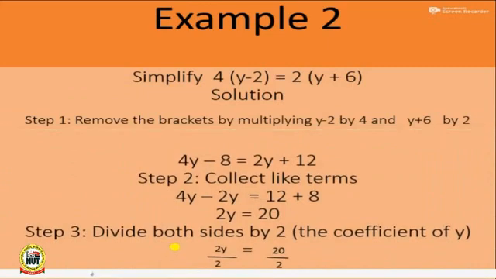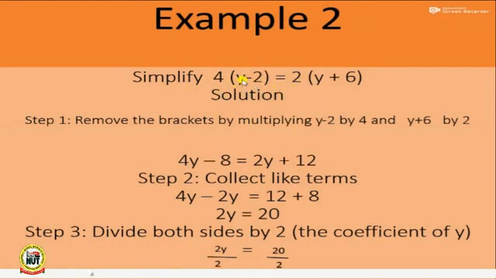Now we write out the solution, and step 1, we remove the brackets by multiplying y minus 2 by 4 and y plus 6 by 2. Okay, we have two brackets here.